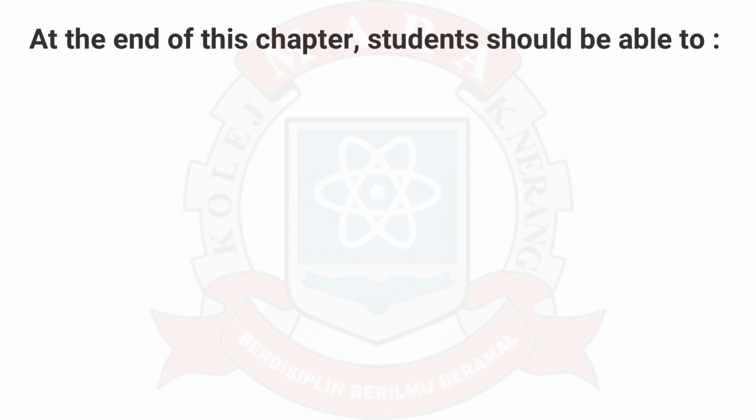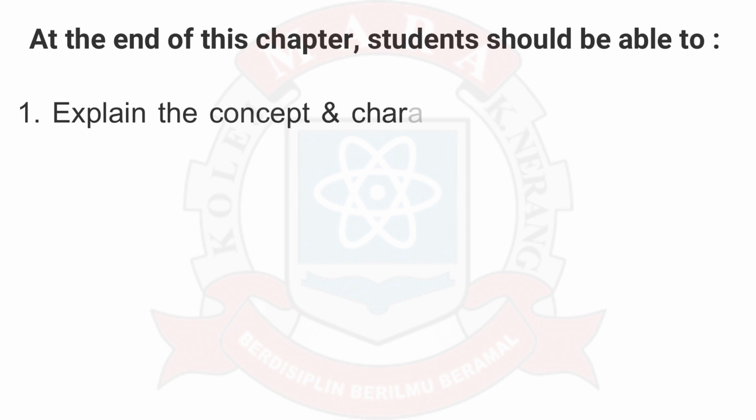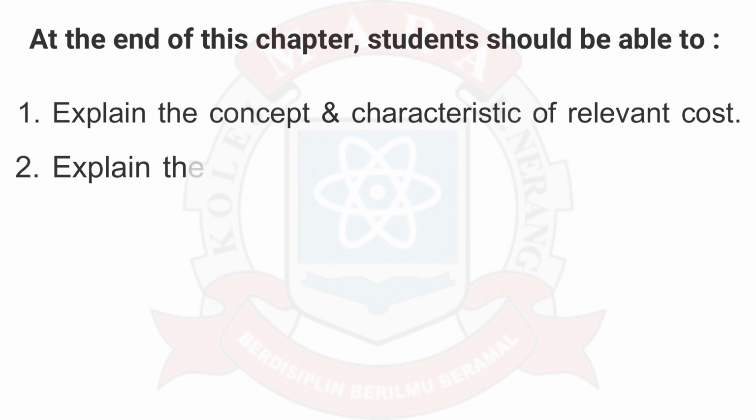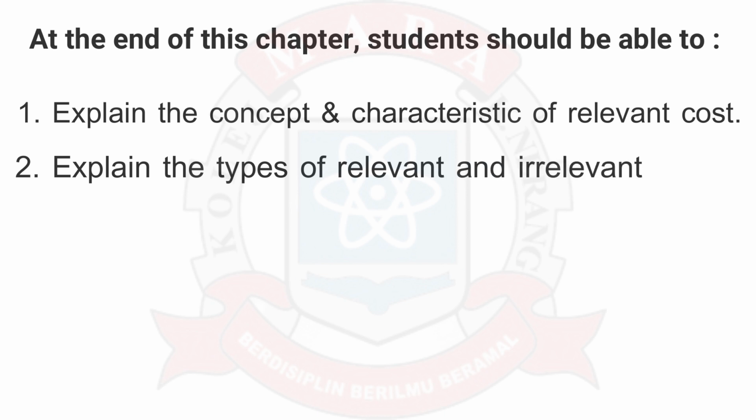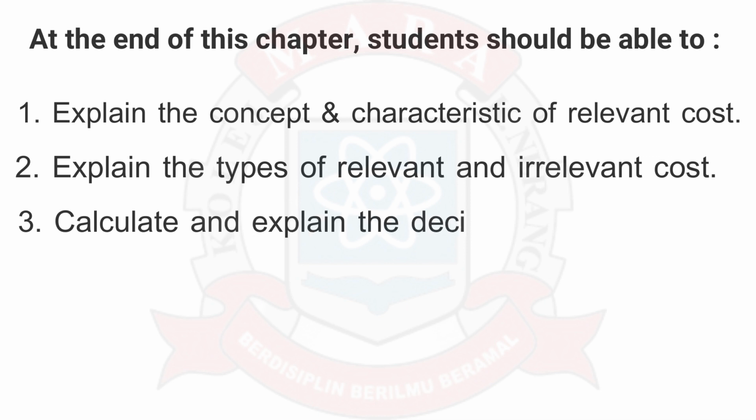At the end of this chapter, students should be able to, first, explain the concept and characteristic of relevant cost. Second, explain the types of relevant and irrelevant costs. Third, calculate and explain the decision based on 1.